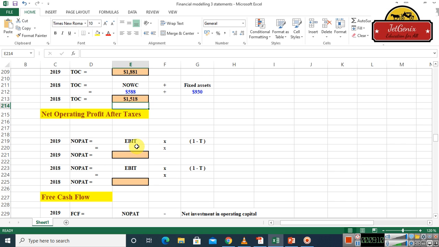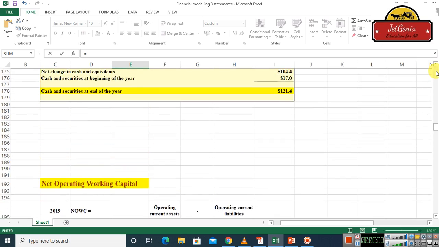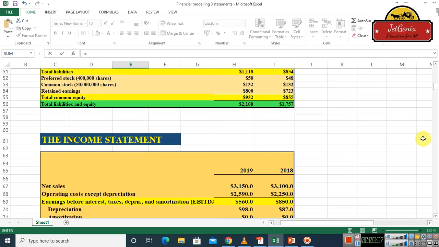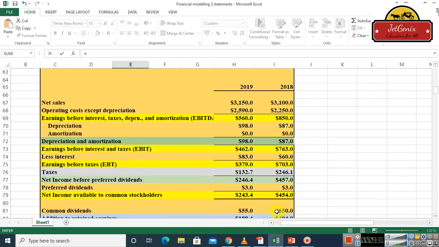So here in this cell, I am going to select the EBIT figure for 2019, which I can find in the income statement. So I'm going to the income statement, just scroll up and go to the income statement. Here is the income statement, and the earnings before interest and tax is here. You see earnings before interest and tax for 2019. So I am going to select this one and press enter.